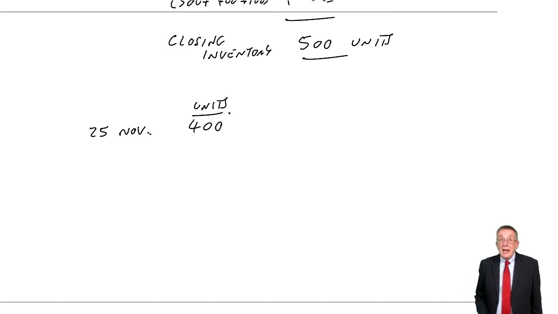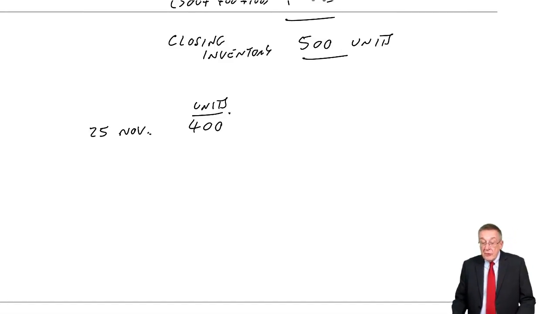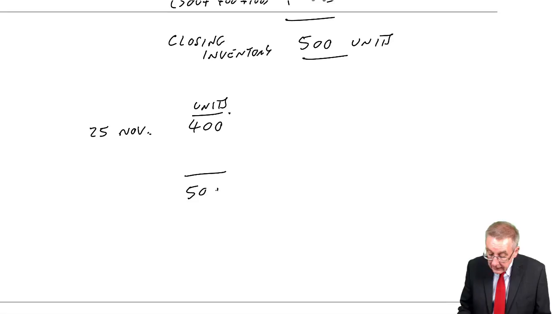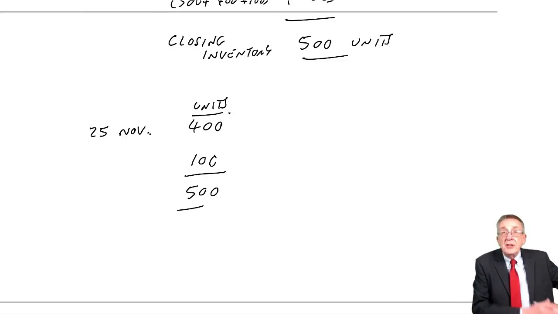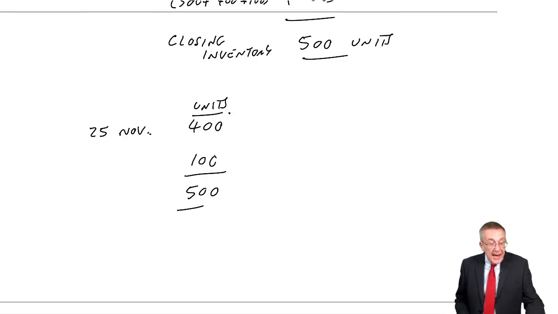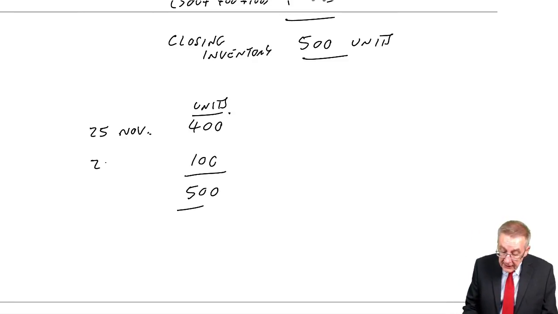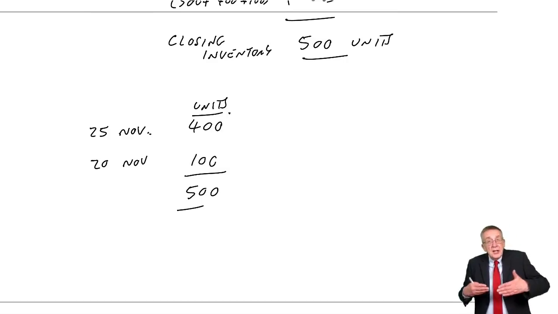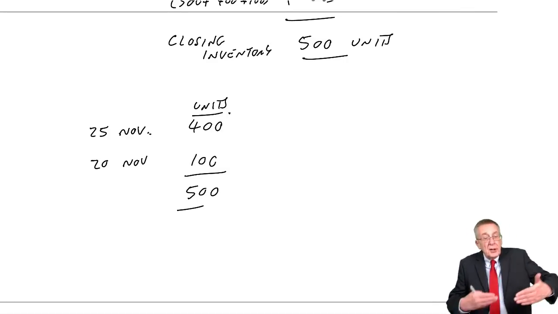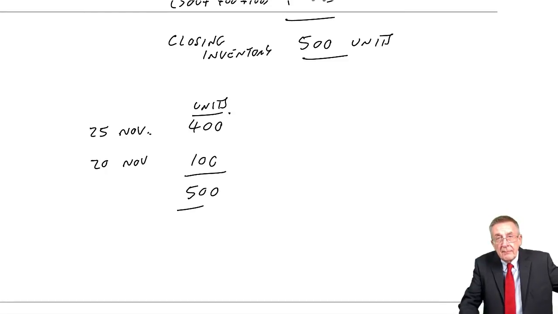So those 400 are all left. The remaining 100, they can't have been bought on 25th of November. They must have been bought the purchase before. So the next latest was the 20th of November. We bought 400. Well, the remaining 100 must have been from there. So you go to the latest purchase. If there aren't enough, you go to the one before, and so on.